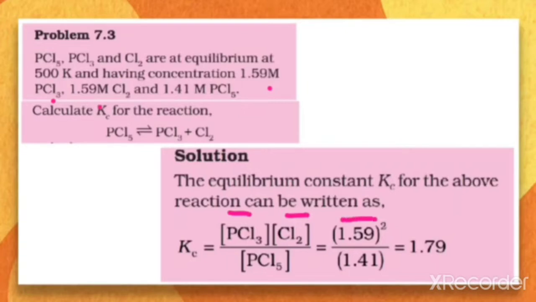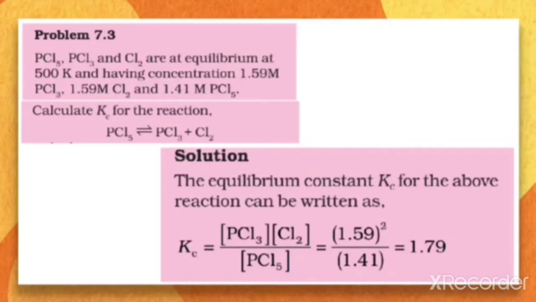Therefore 1.59 squared, and the concentration of PCl5 is given as 1.41. So that is written and the value can be obtained in this way. So this is a problem where the stoichiometric coefficient plays a very important role. Don't forget to keep the stoichiometric coefficients as powers.